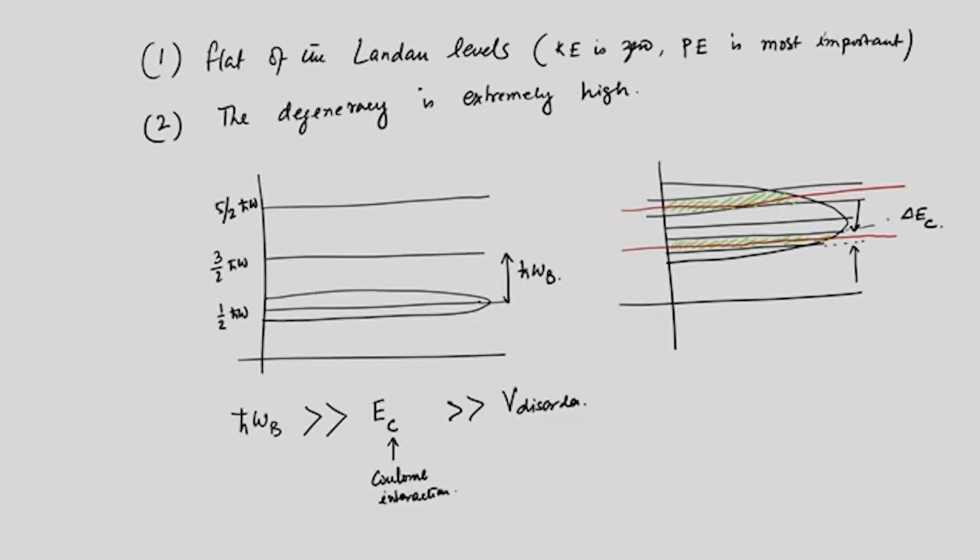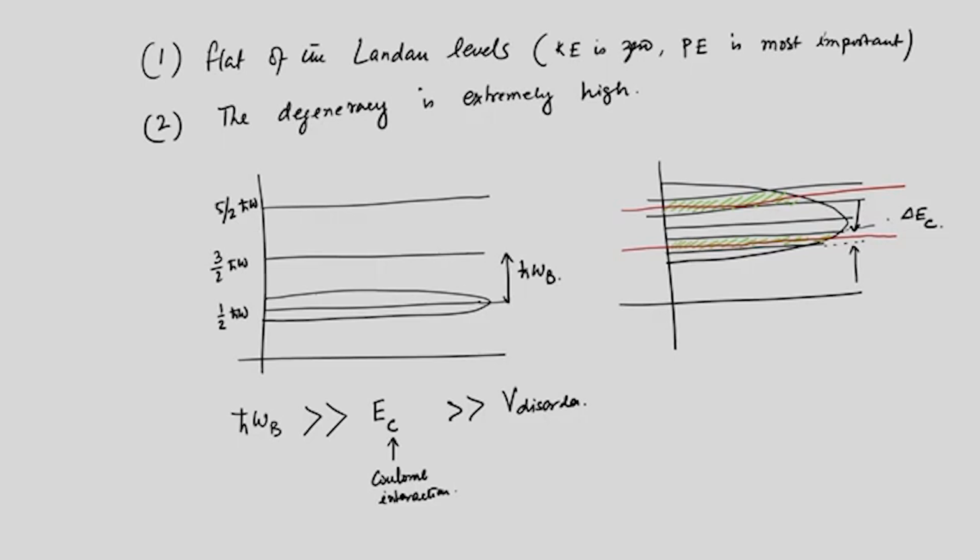Alternatively, when it gets levels to conduct, you will get a resistivity which goes flat, and whenever it does not get the levels to conduct, then the resistivity will have a plateau, and that is how the plateaus arise in the conductivity or the resistivity plots at the fractionally quantized values.